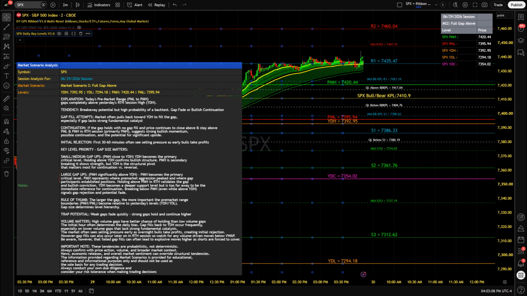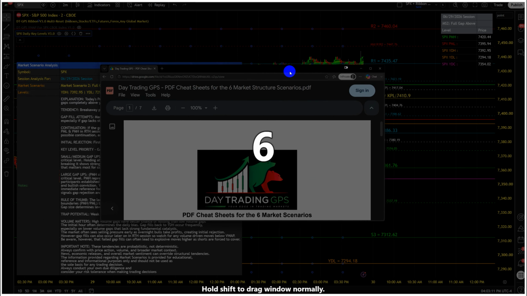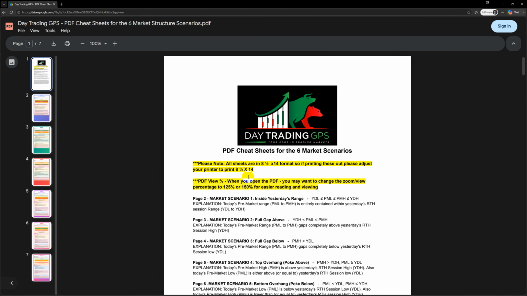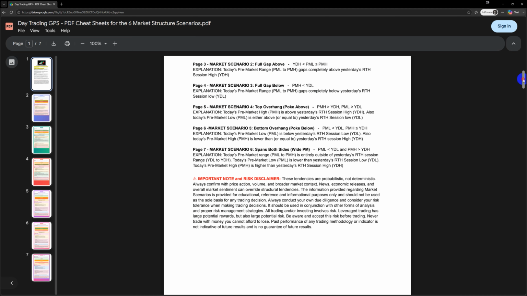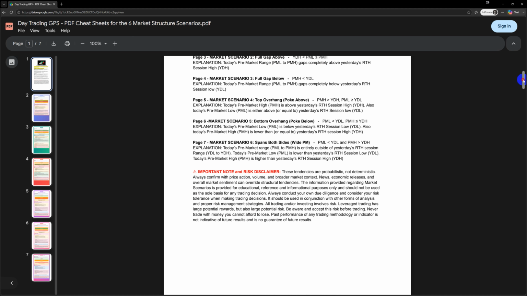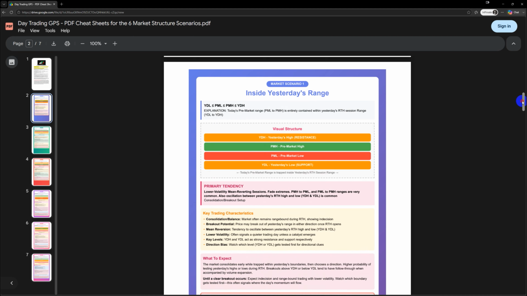Now, when you subscribe to this indicator for lifetime access, in addition to the PDF user guide manual, you also get a link to the cheat sheets for the 6 market scenarios. So you don't necessarily have to pull up that table on your chart. You can simply go to this document, download it to your computer so you can view it on your screen, or you can print it out.